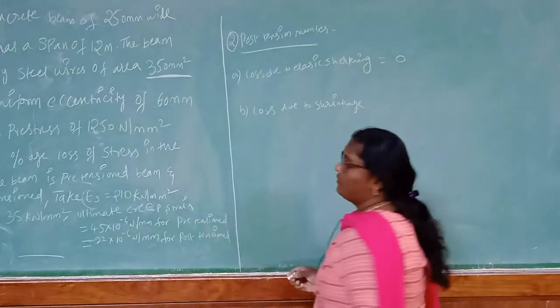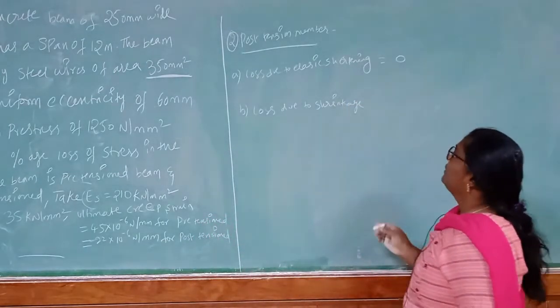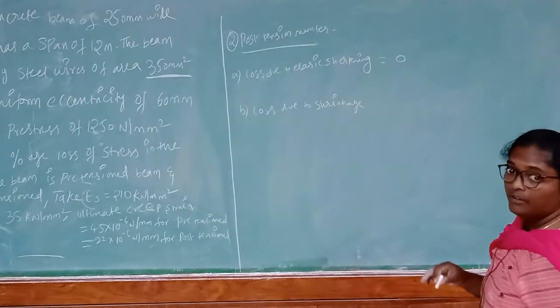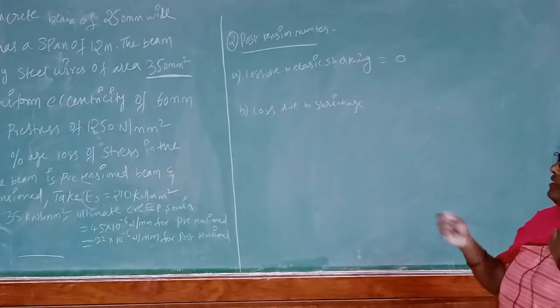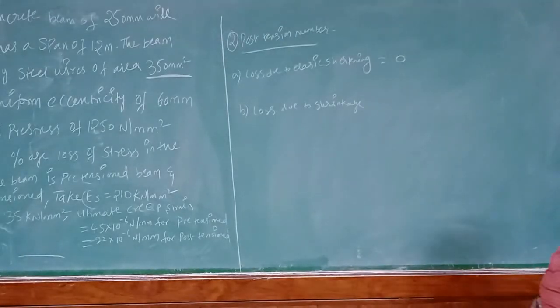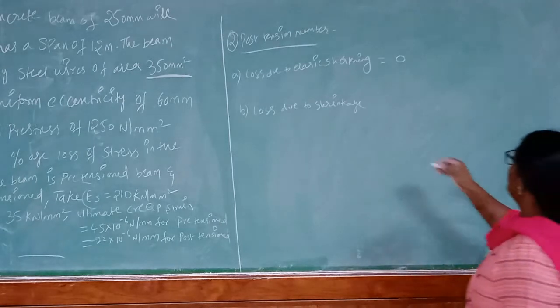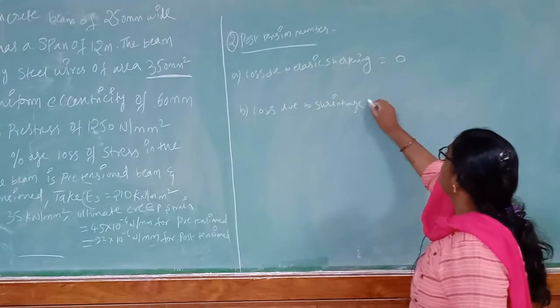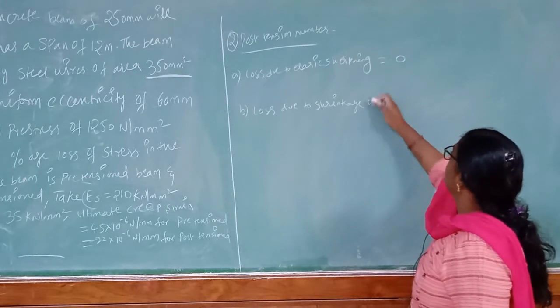As we have already explained in the theory, the elastic shortening will be 0 when we are not taking a bunch of wires. So right, next one, shrinkage of concrete.